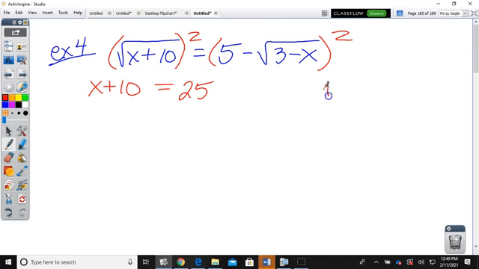It's positive square root of 3 minus x times square root of 3 minus x. It's just 3 minus x, because you're squaring it. And when you square a square root, what happens to the square root? It goes away. See how that works?